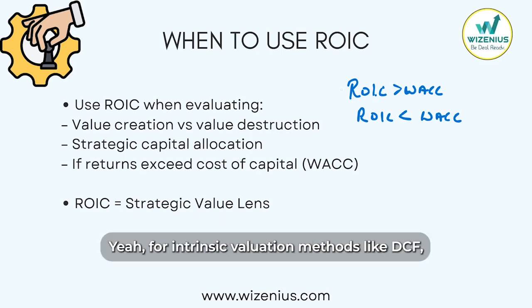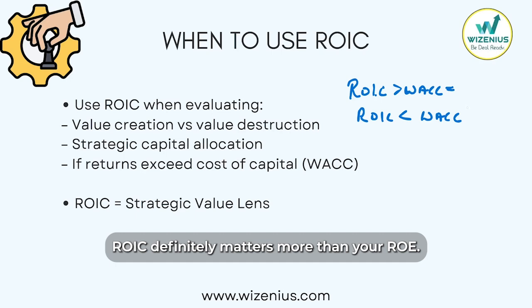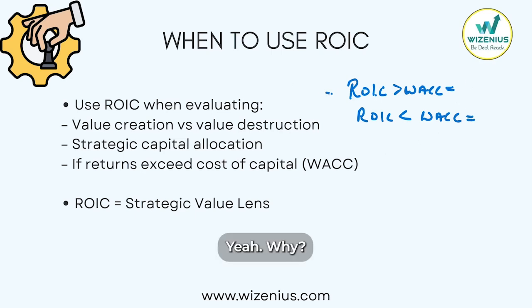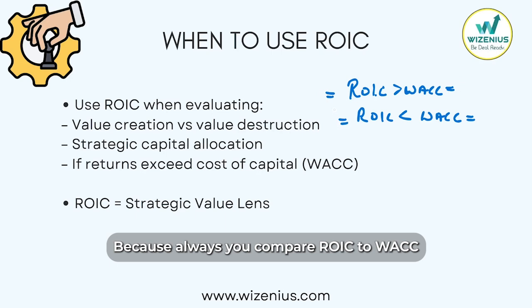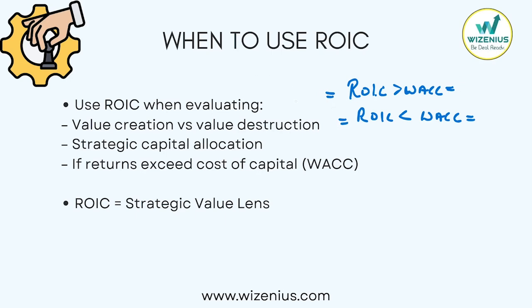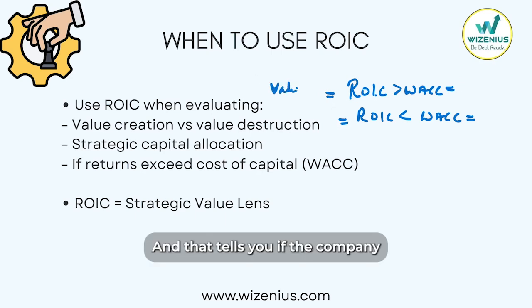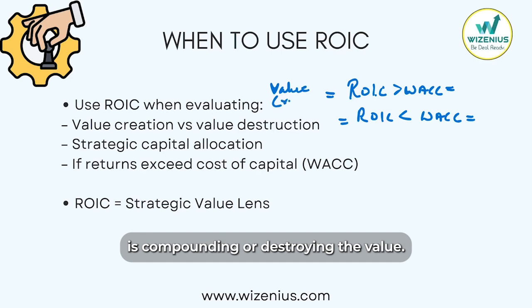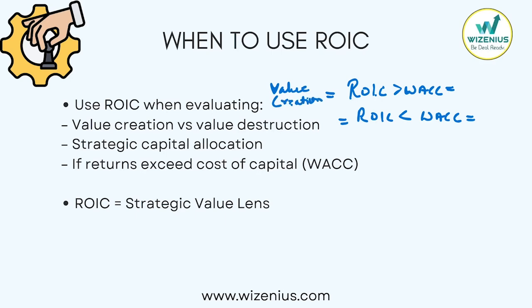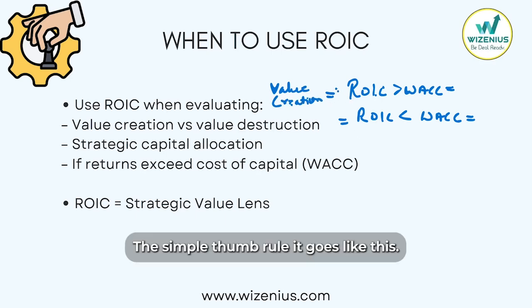For intrinsic valuation methods like DCF, ROIC definitely matters more than your ROCE. Why? Because you always compare ROIC to WACC, and that tells you if the company is compounding or destroying value. The simple thumb rule goes like this.